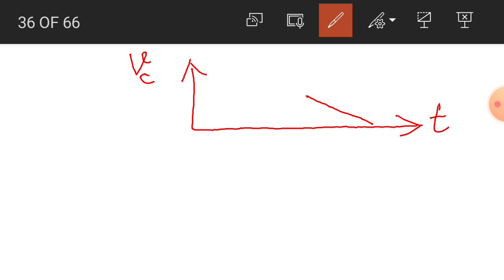So if I consider this end of the straight line, the time is 3 seconds over here while the voltage is 2 volt. If I consider this end of the line, the time is 4 and the voltage is 0.